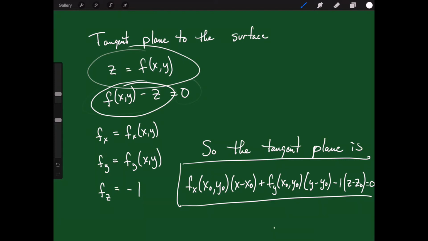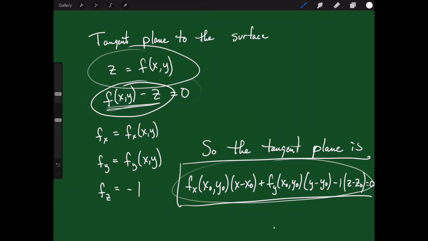Okay, so the only difference if I'm dealing with an actual surface function instead of a level surface, which are two different things, then I can just treat that surface as a level surface by moving everything to the left side and writing it as f of xy minus z equals 0, and then I can find the equation of my tangent plane.